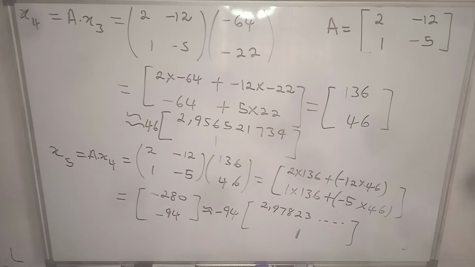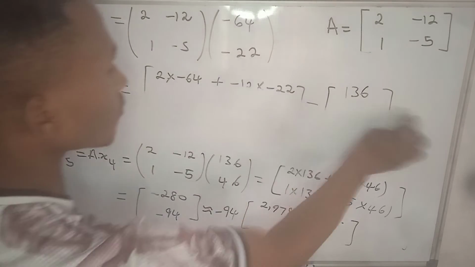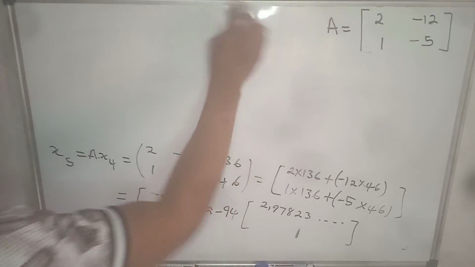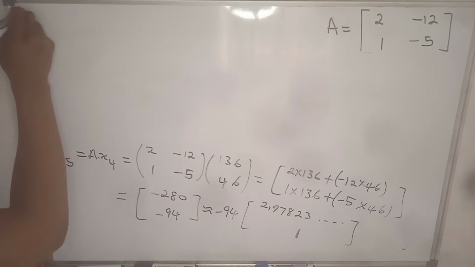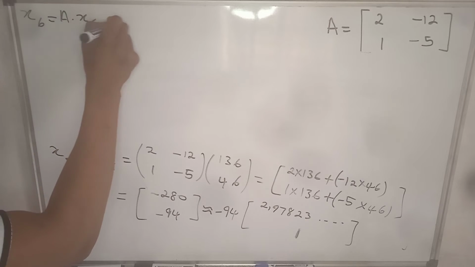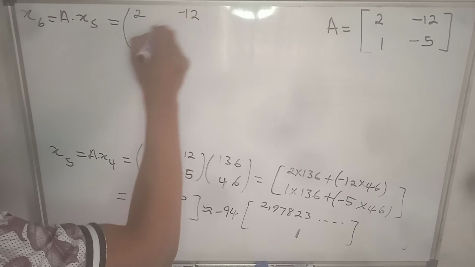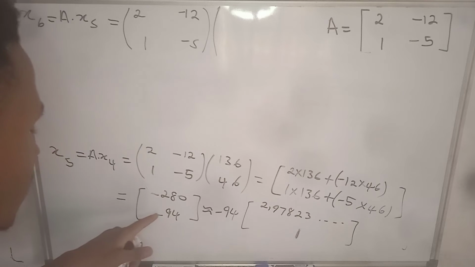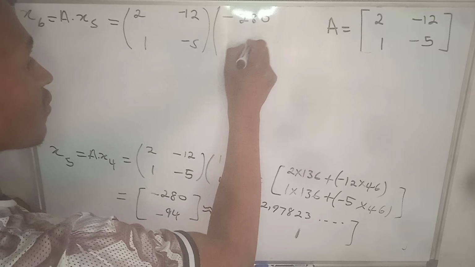So let's check our last iteration, which is our sixth iteration. So x6 will be A times x5, and this is our original matrix, 2, minus 12, 1, minus 5, and this one we are going to take minus 280 and minus 94.